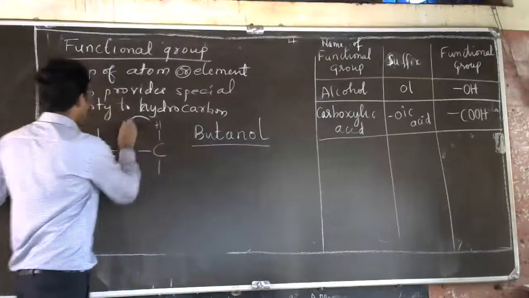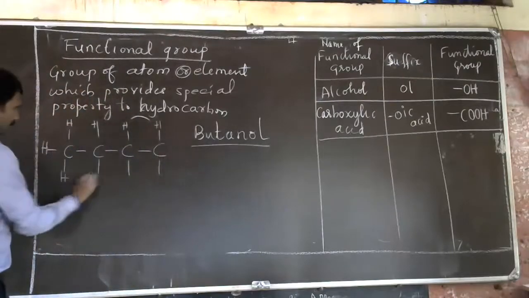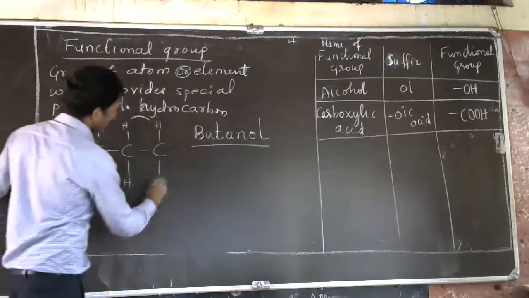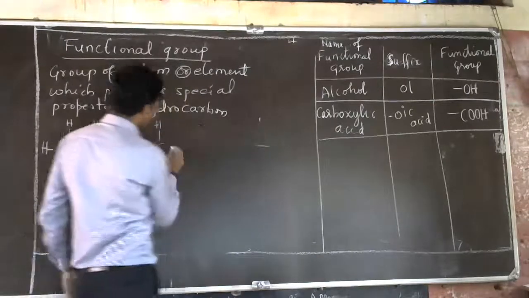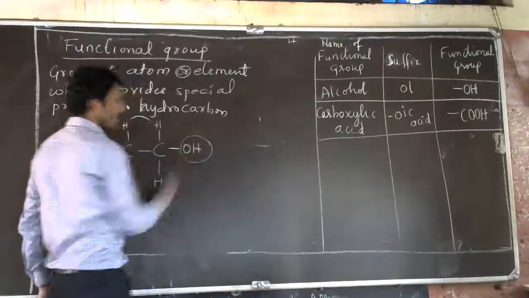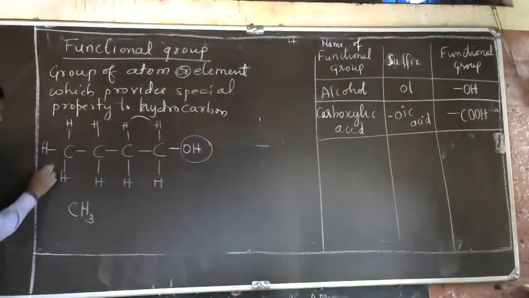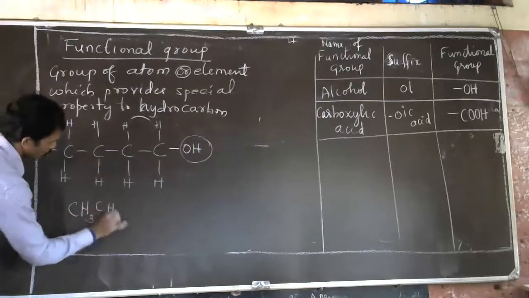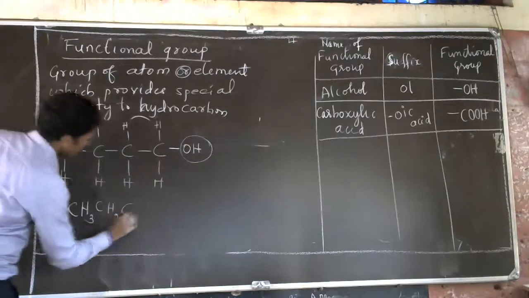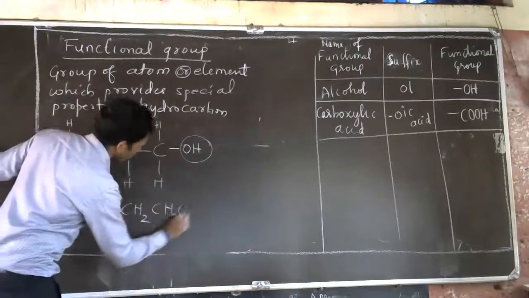In the last hydrogen, in place of hydrogen you have to write OH, and this becomes CH2OH.